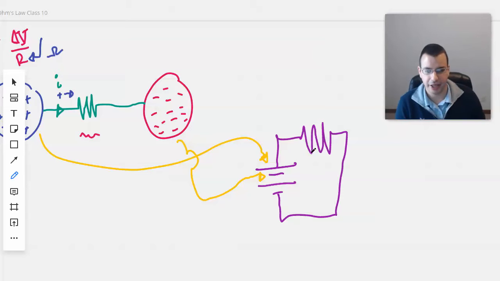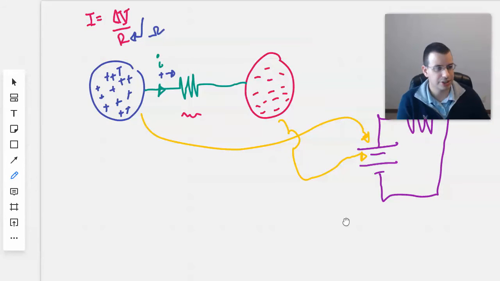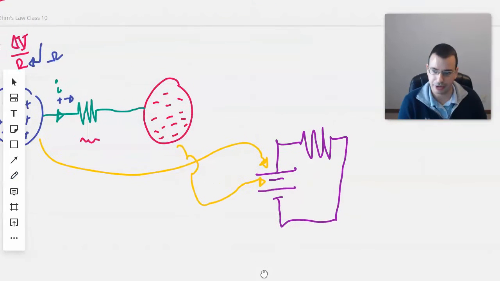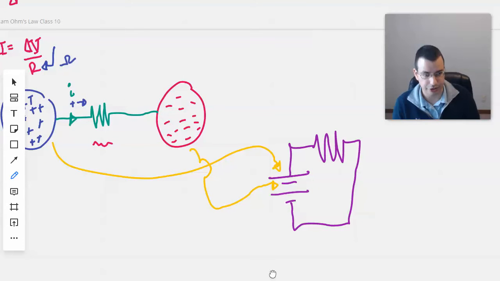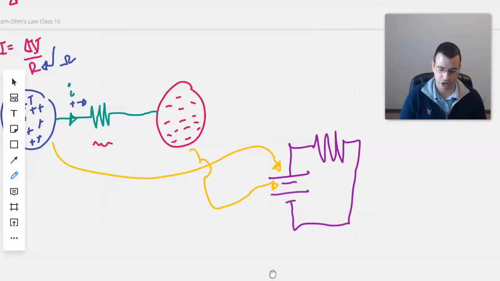We have a chemical reaction which releases electrons at a reasonably steady rate, and it allows you to store significant amounts of electrons, as opposed to just trying to get a chunk of metal and put an electric charge on it. It's much more efficient to use a chemical reaction.